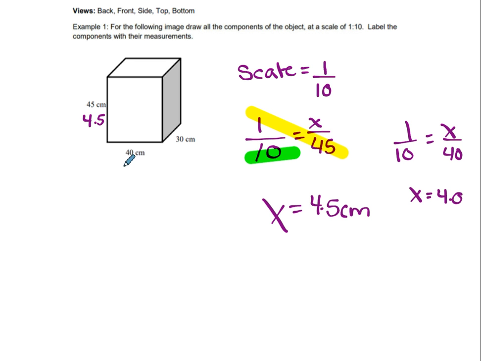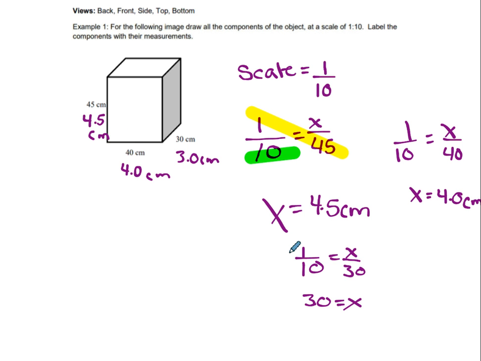So I can come over here, 4.0 centimeters. Don't forget your units. And last one is 1/10 is equal to x over 30. Cross multiply, divide, you should get 3.0 equals x. So I can come up here, 3.0 centimeters.